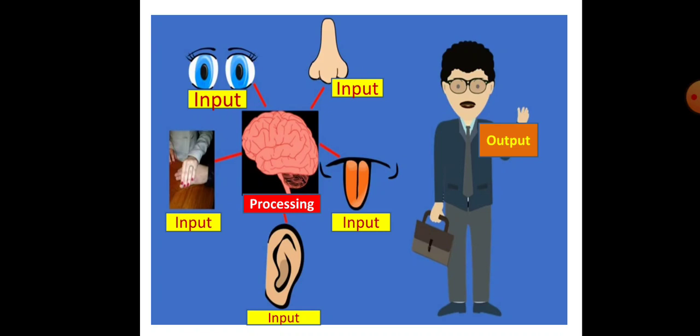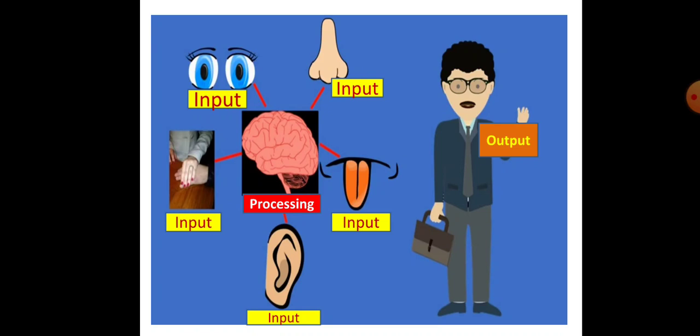The input units of our body, nose, eyes, skin, tongue, and ears, they collect information and give it to the processing unit of our body, that is our brain.